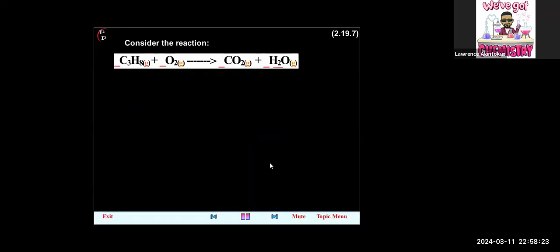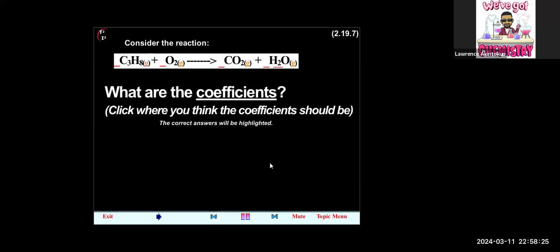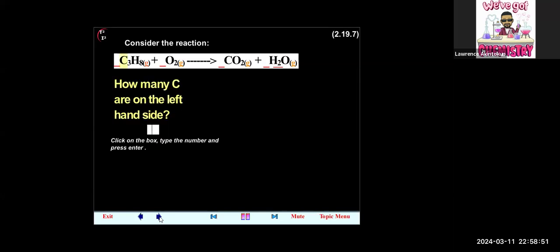Consider the reaction. What are the coefficients of this? C3H8 plus O2 to give you CO2 plus H2O. The coefficients are the numbers in front, which of course are all 1, 1, 1. How many C are on the left-hand side?